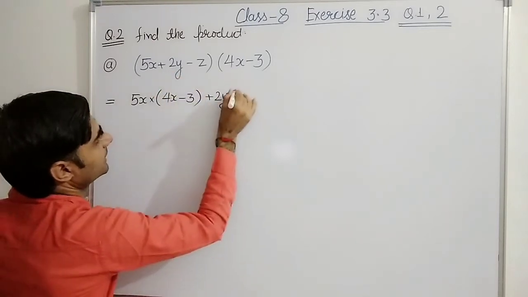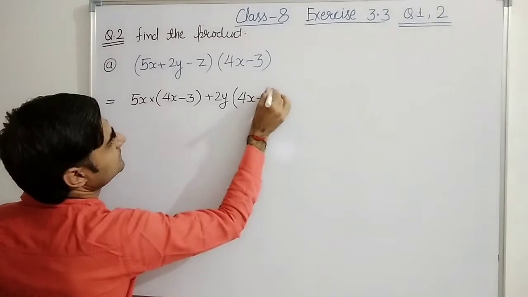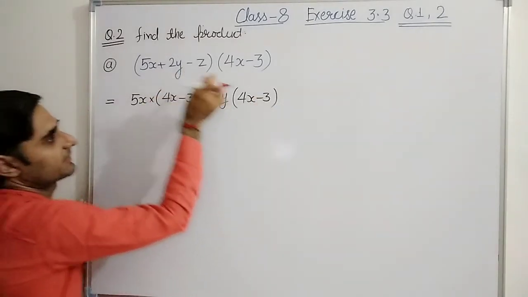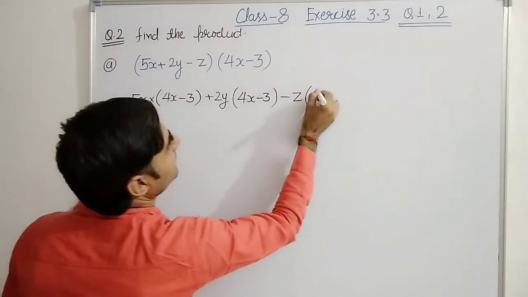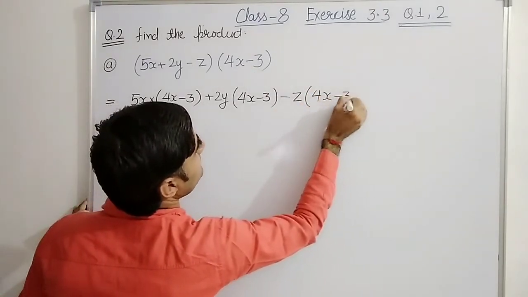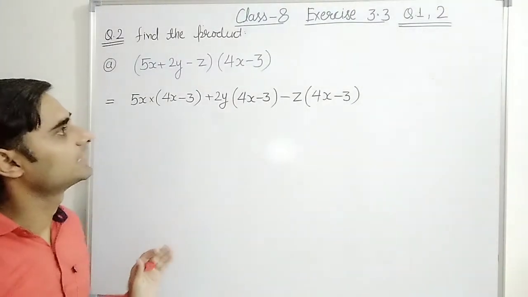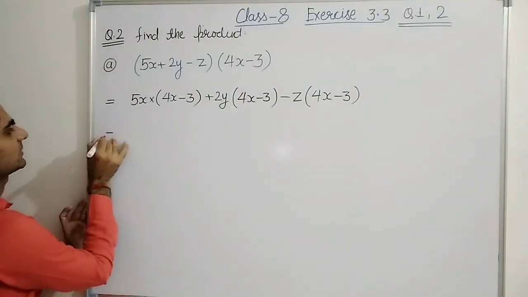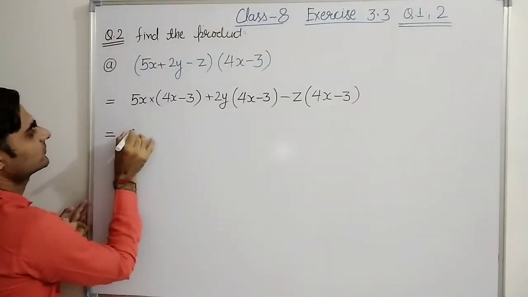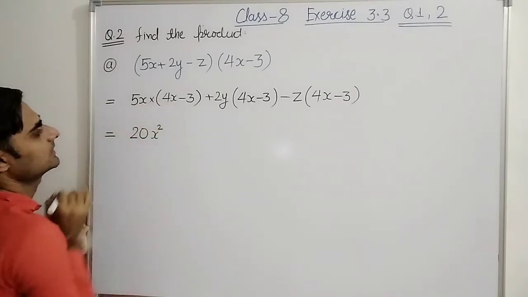Plus 2y will be multiplied by this 4x minus 3. Now left is minus z. This minus z will be multiplied by this 4x minus 3. Understood? Simple. Now what to do after that? Next, 1 by 1, equal to 5 multiplied by 4, 5 fours are 20, x multiplied by x equals x square.